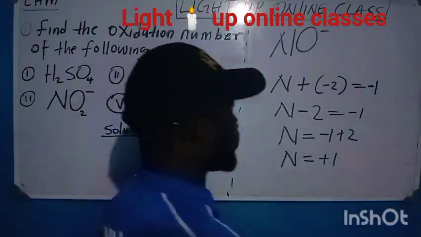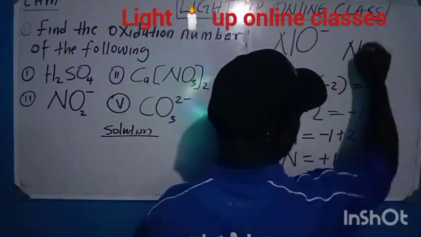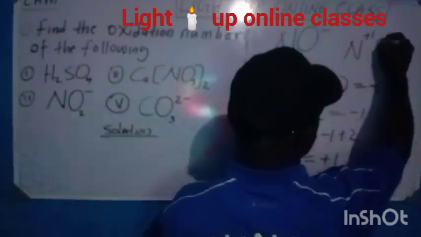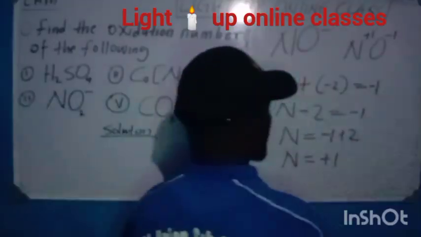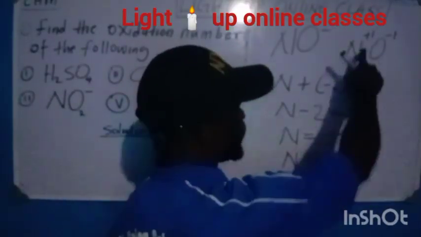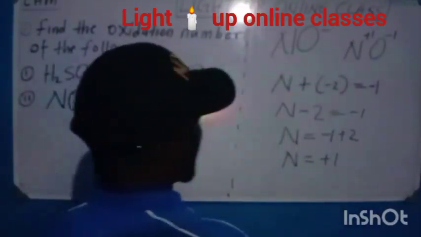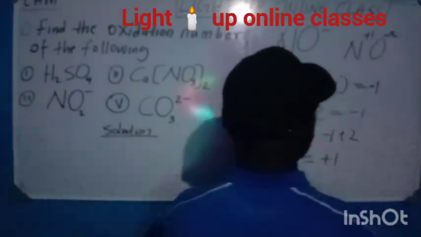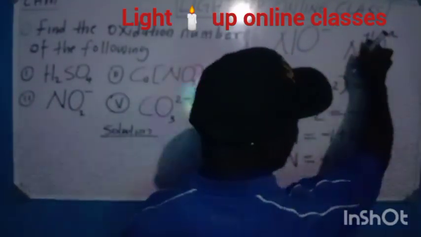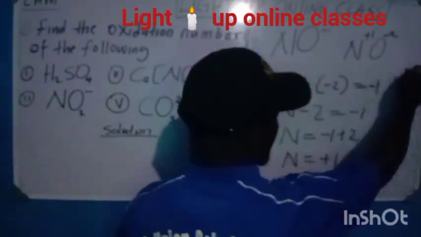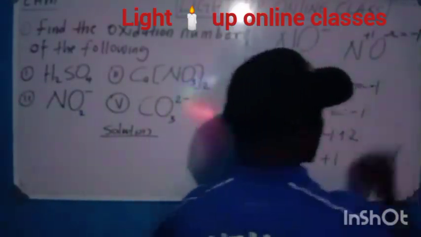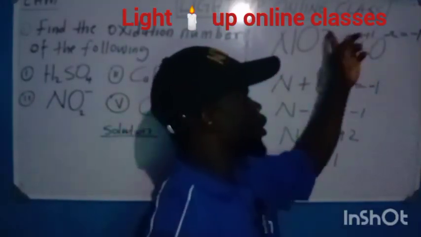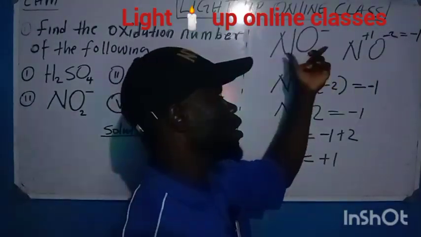Now, let's look at what happened. This is nitrogen +1, and then oxygen is -2 here. So you see that the sum of the oxidation numbers, +1 minus 2, is still -1, which is the ionic charge on this particular compound.